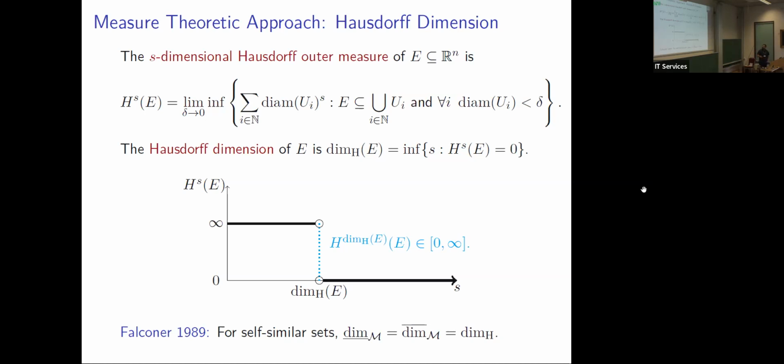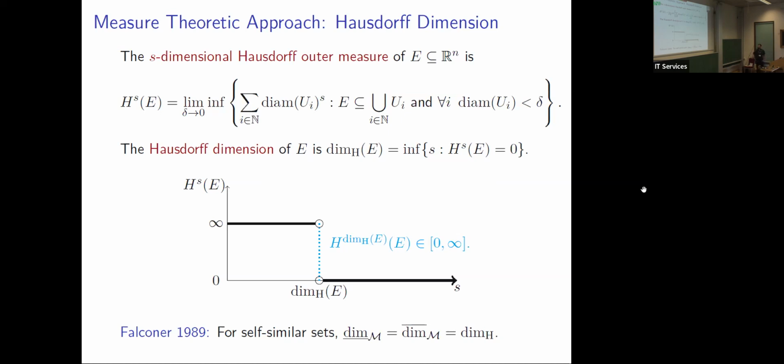Then we're going to look again at the infimum of the s's where this ends up being 0, and you get this same infinity to 0 jump. And for some classes of nice sets, including self-similar sets, which are some of the most familiar fractals, this is actually equivalent to either of the Minkowski dimensions. But for more exotic sets, it won't necessarily be.